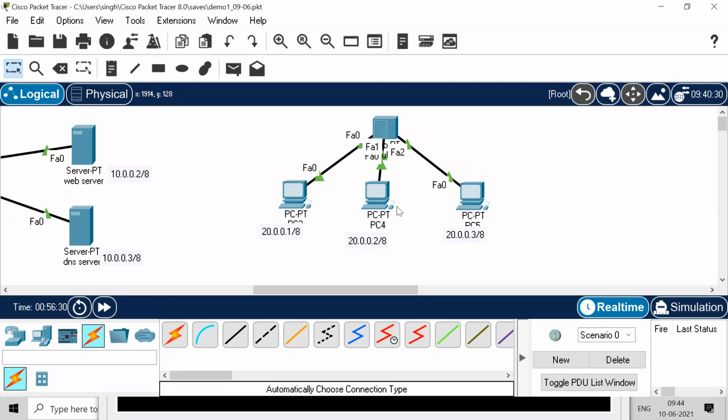Then the other PC3 will also start sending information, and then they both will finish, and only then the other devices will get to know that, okay, they have completed, now we can also start. So there is some mechanism of waiting and back-off time, which we will again discuss when we learn more about these networking devices.